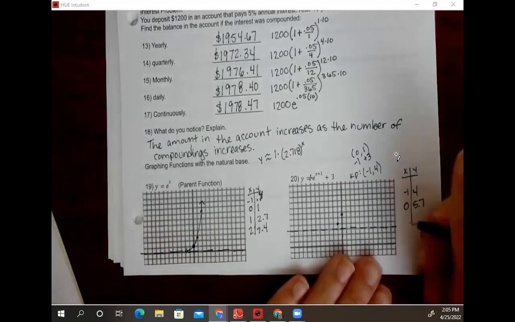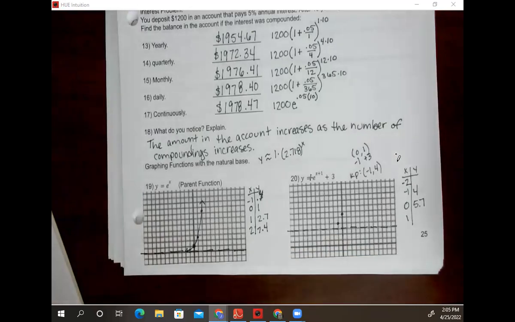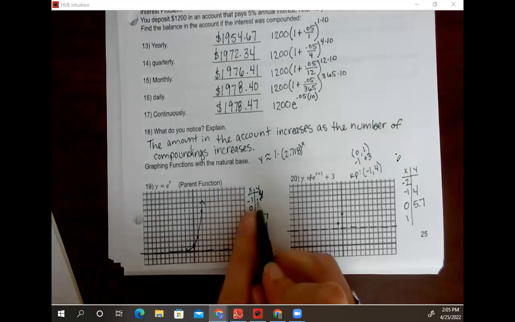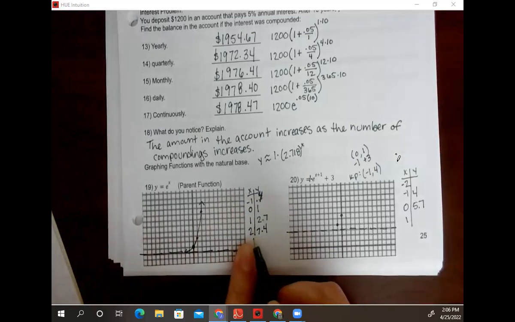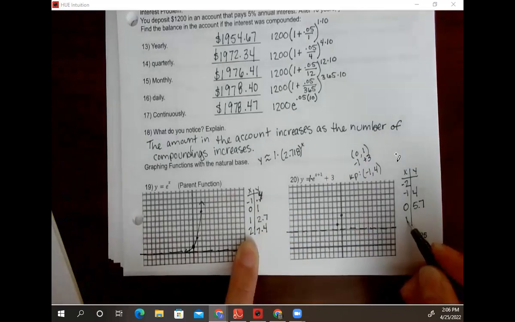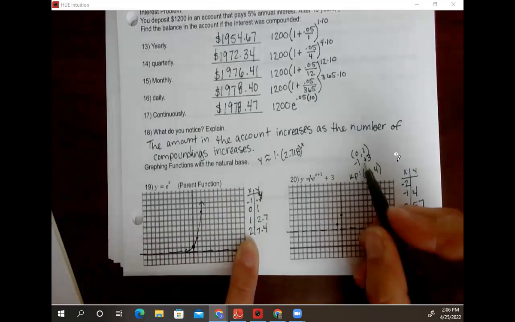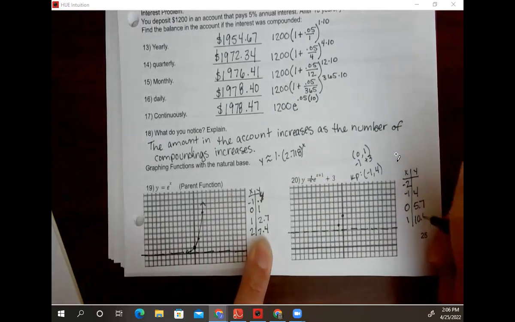I could also, if I wanted to, just pick some more values and plug them in for x. Okay, so however you choose to do this, transforming our values here in our tables, I'll do this one with the transformation again. This isn't too bad. So to the left one means instead of 2, I'd be at 1. And then up 3, right? That's what this is telling me. Up 3, that would be 10.4.